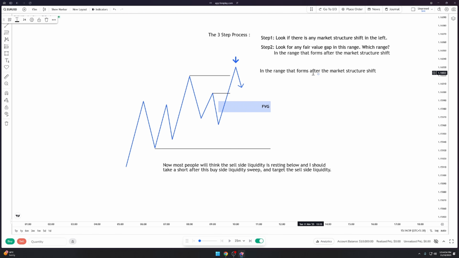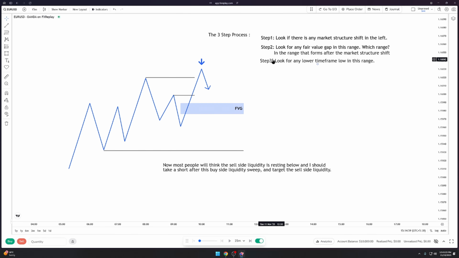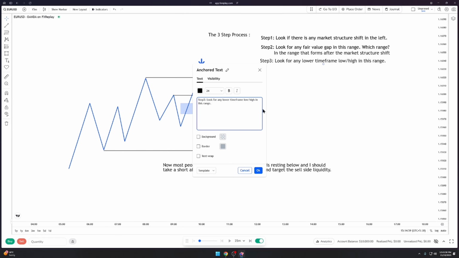Step 3 is to identify any lower time frame low or high, depending on your direction. Let me write all of this so you can take a screenshot and watch it anytime you want. Why do you need this? Because that becomes your liquidity level.